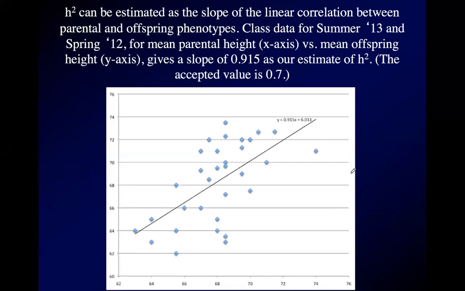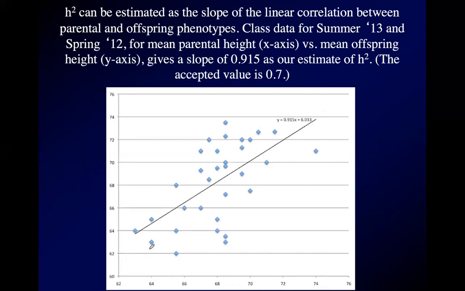And as I was saying, this is some old data. This is class data for spring of 2012 and summer 2013. The current data set looks a lot bigger than this because I've been gathering this data every time I've taught this course. I asked everybody to bring in their mean parental height in inches.